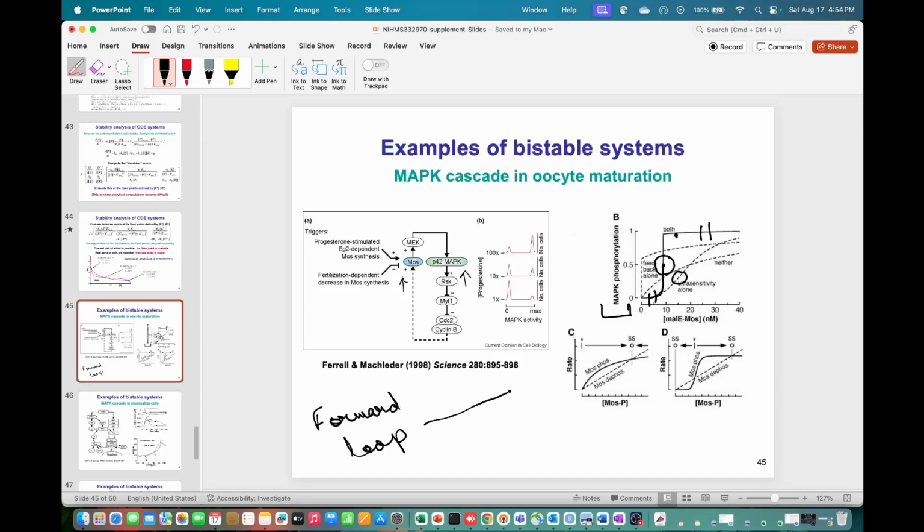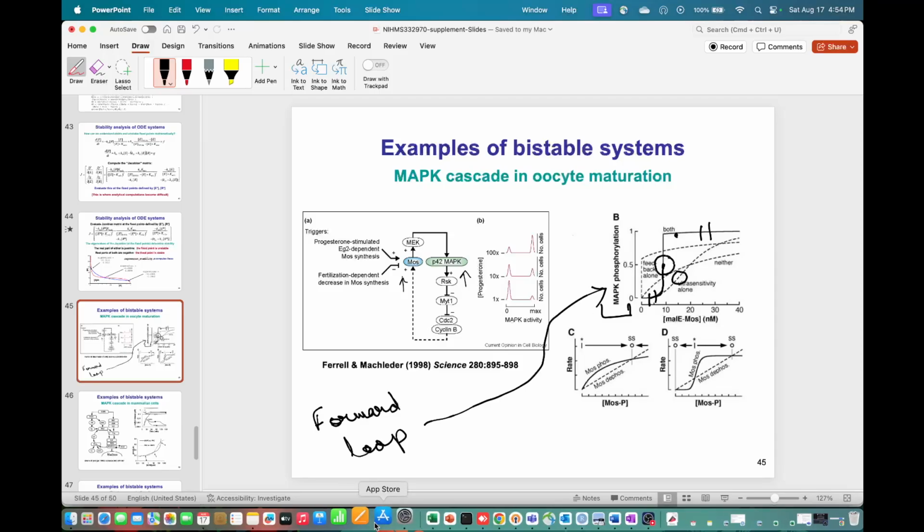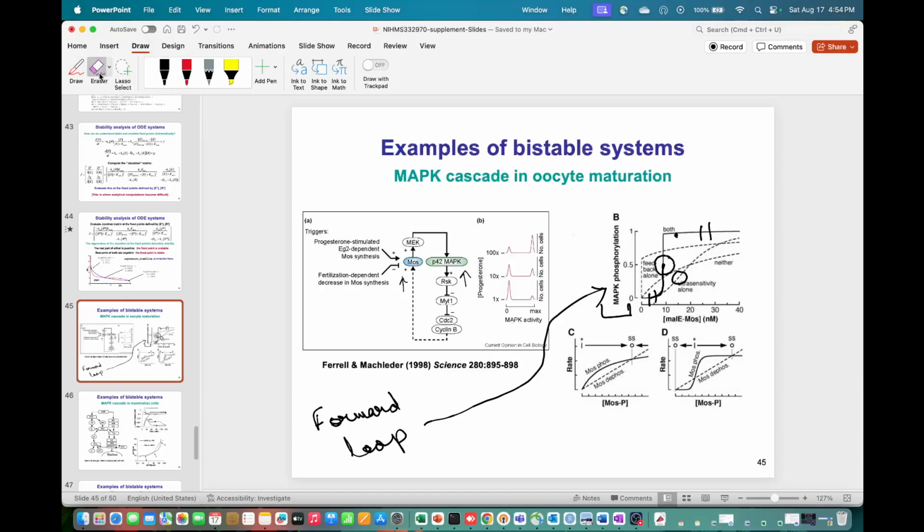You have these kind of behavior. So this is basically not exactly forward loop, you can call it positive feedback loop.